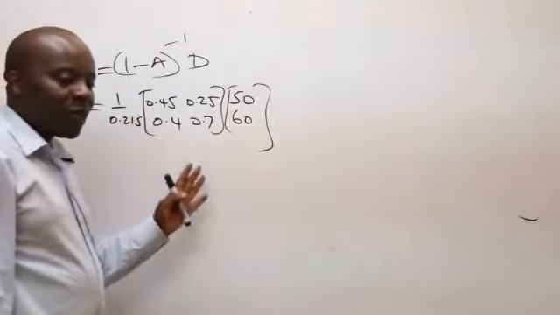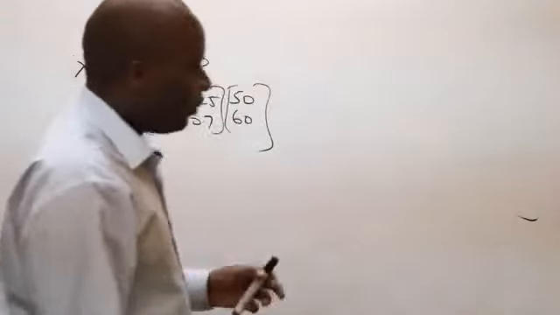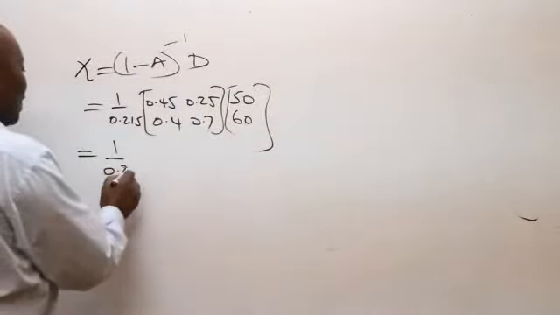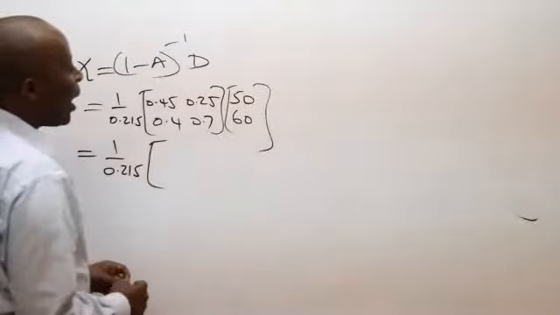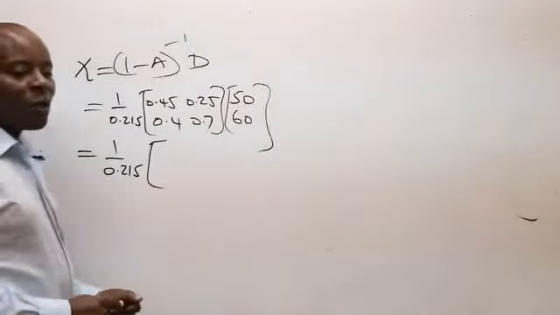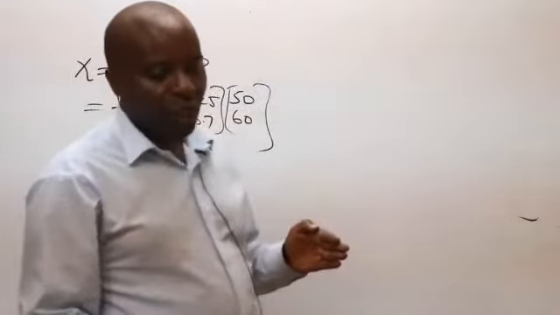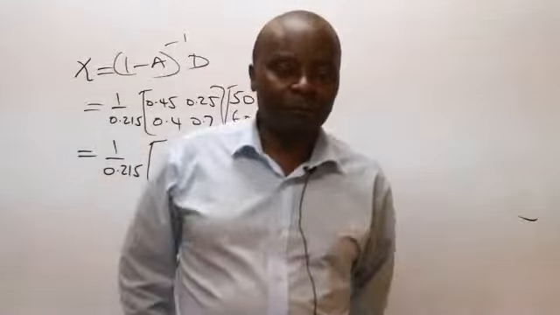We give matrix multiplication priority. The scalar will be left outside. So we have here 1 over 0.215 into the multiplication of our matrices. Is there anybody who can remind us the major concept of matrix multiplication? When somebody says multiply two matrices, what comes to your mind?